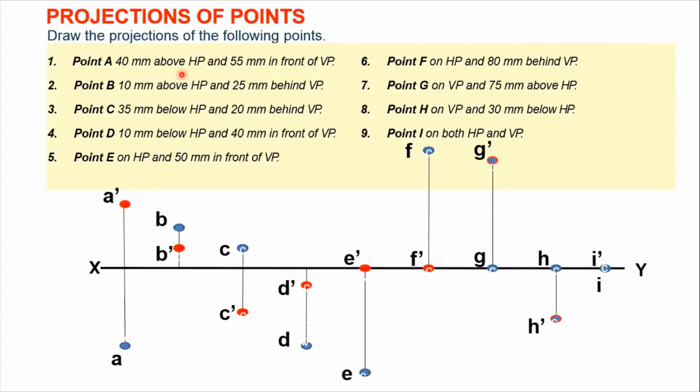Now let us start with first statement. 40 mm above HP and 55 mm in front of VP. As you can see, we are having data with respect to HP and with respect to VP. So we remembered our table. So we are having two tables, one with respect to HP and another with respect to VP. So now let us go to the table and solve the example. So here it is said that 40 mm above HP. So let us see our table.